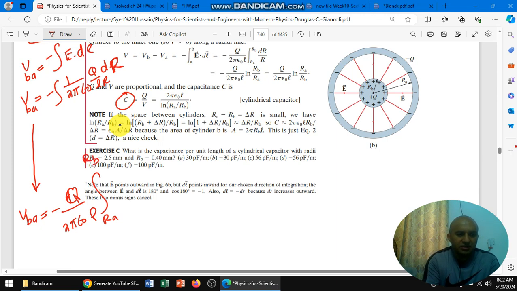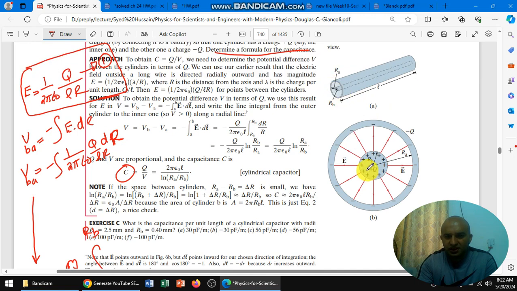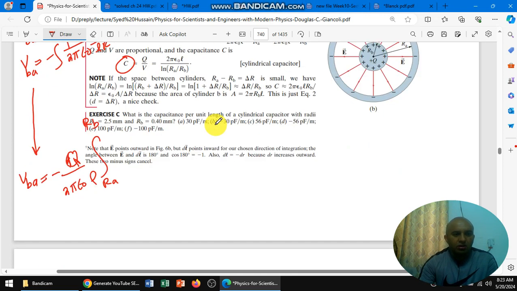In this example there are two radii: the inner cylinder has radius RA and the outer cylinder has radius RB. We need to integrate from RA to RB, because the separation between the plates is d, so we integrate from A to B, RA to RB.